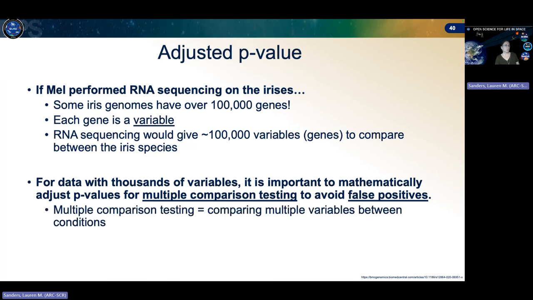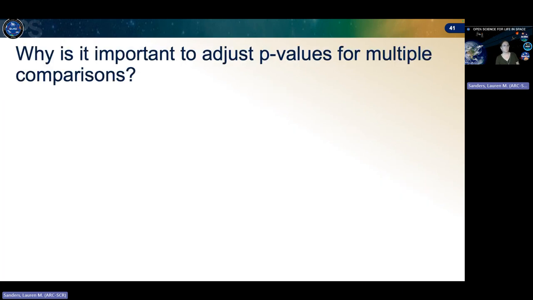So what this means is multiple comparison testing is if we are comparing multiple variables between conditions, we're not just comparing one or a handful, and we'll get into how many you need to be testing to get to the point where you have to adjust for multiple comparison testing. But if we're comparing multiple variables, like thousands of genes between conditions, so in this case, between different iris species, we need to adjust our p-values.